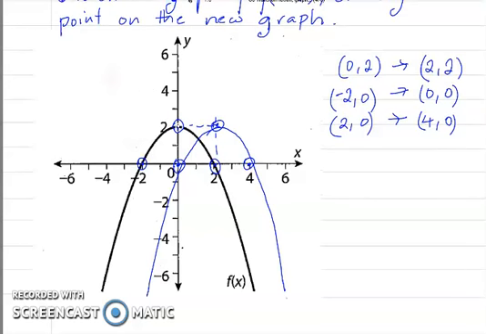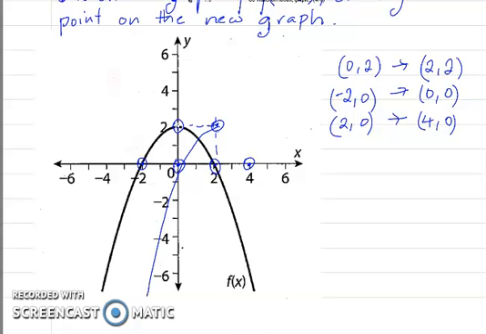All right, let's see if we can get that left side, right side a little neater. The curve represented by the black line is f of x, and the curve represented by the blue line is f of x minus 2.